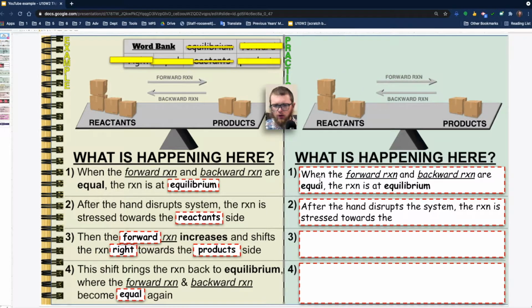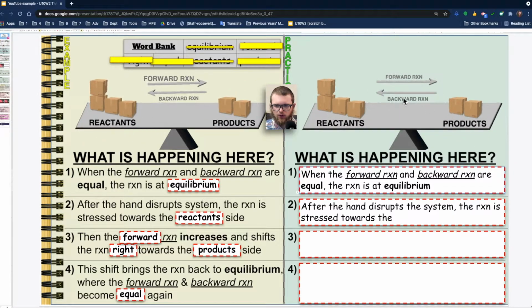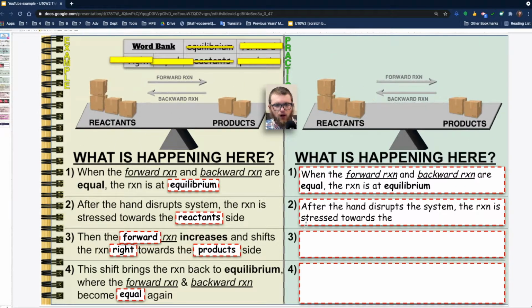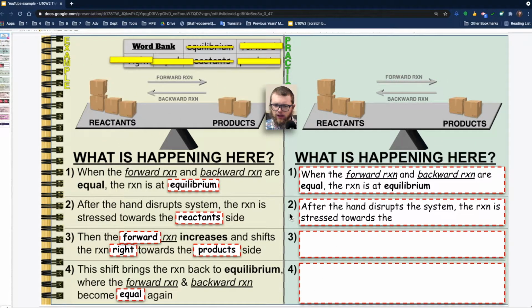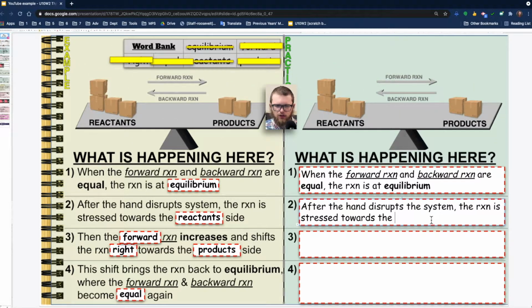So when the forward reaction and backward reaction are equal, the reaction is at equilibrium. Oh, hey, that's true for both the left side and the right side. Cool. Oh, that's true for both the example side and the practice side. Cool. So then after the hand disrupts the system, the reaction is stressed towards the, oh, this sentence isn't finished.